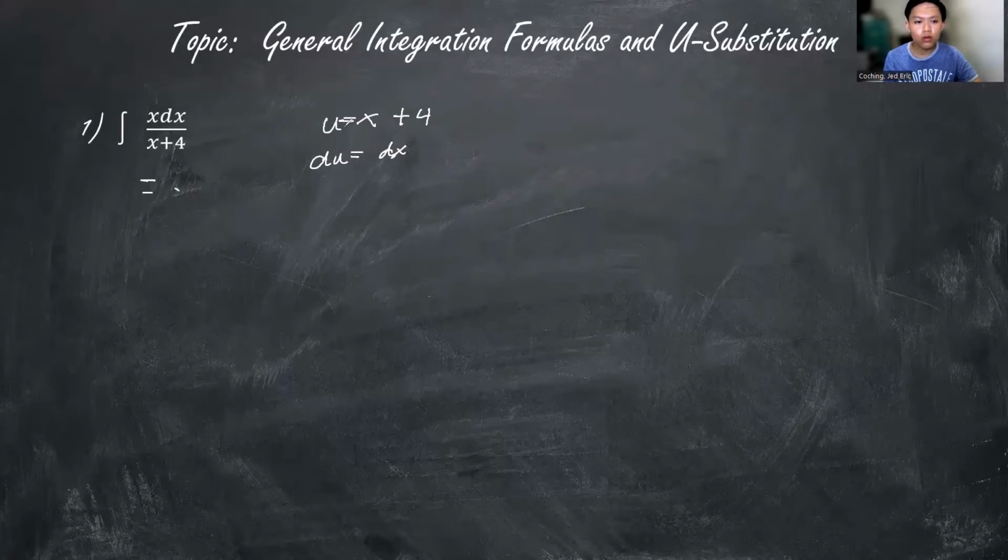So as we can see, we have here plus 4. We can use this form. We can do this: x plus 4 minus 4, divided by x plus 4, over dx.